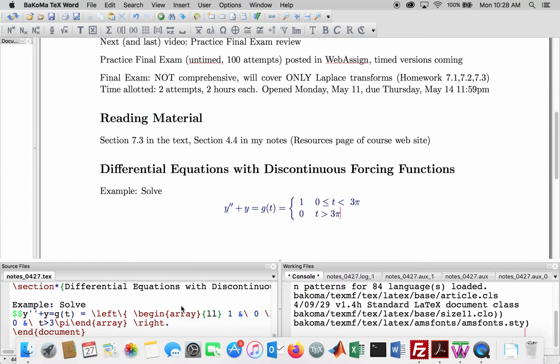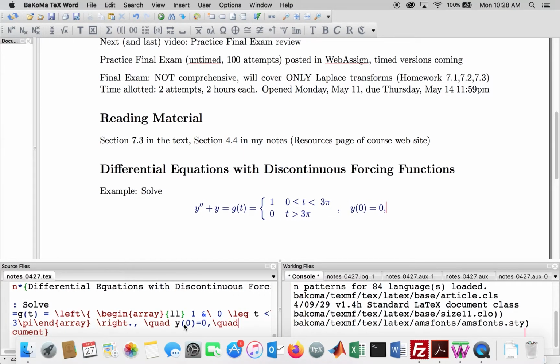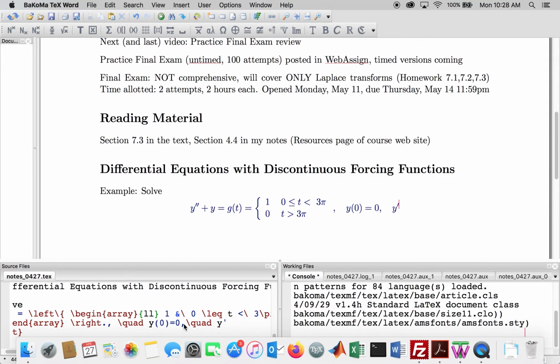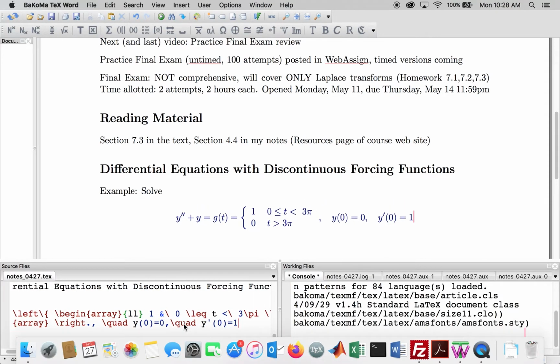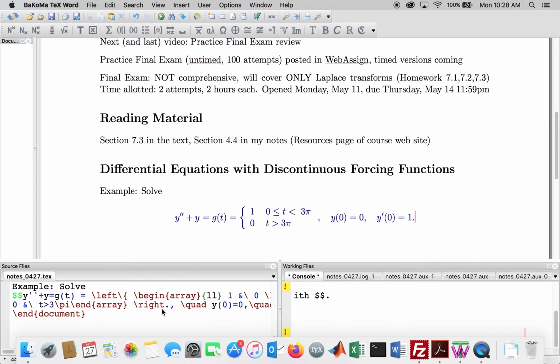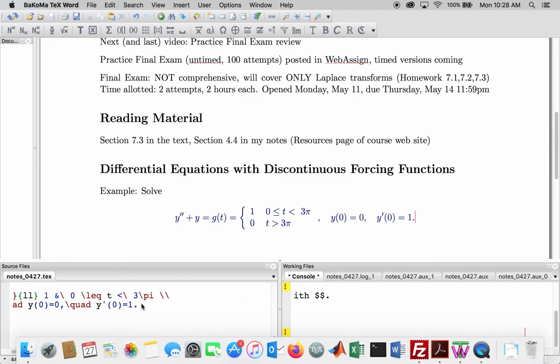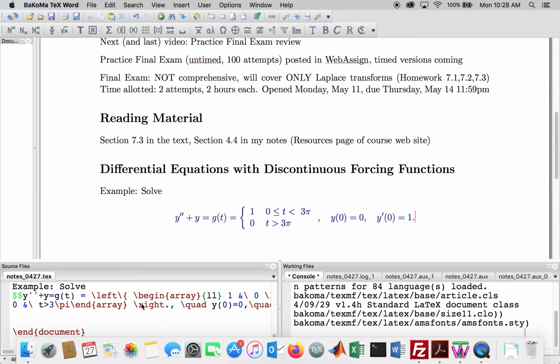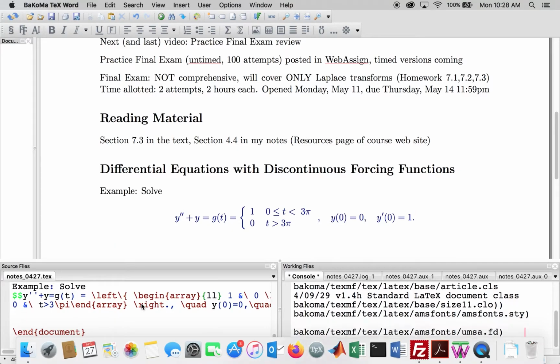And then we also have initial conditions: y of 0 equals 0, y prime of 0 equals 1. Okay, so what we do, like before, is take the Laplace transform of both sides.